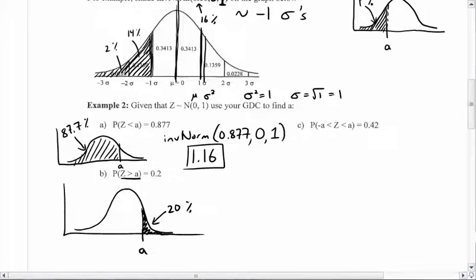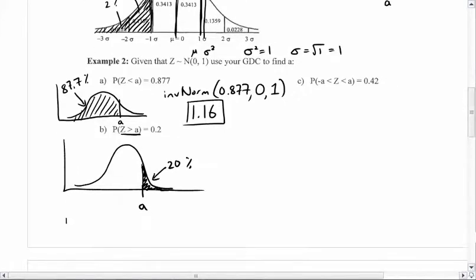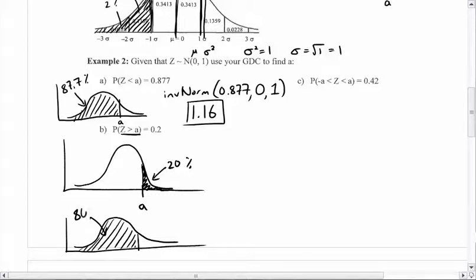Well, unfortunately, the inverse normal only works for finding values that are lower than a, not greater. But I do know that if 20% is higher than a, then 80% must be lower than a.